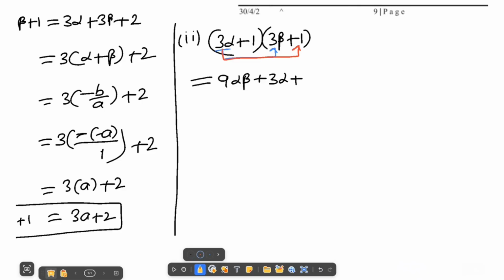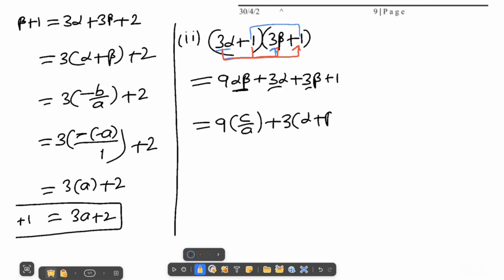Next 1 into 3 beta is 3 beta. Next 1 into 1 is 1. So now it is equal to 9 into alpha beta, product of zeros, which is equal to c by a, plus from here we can take 3 common. So 3 times of alpha plus beta plus 1.